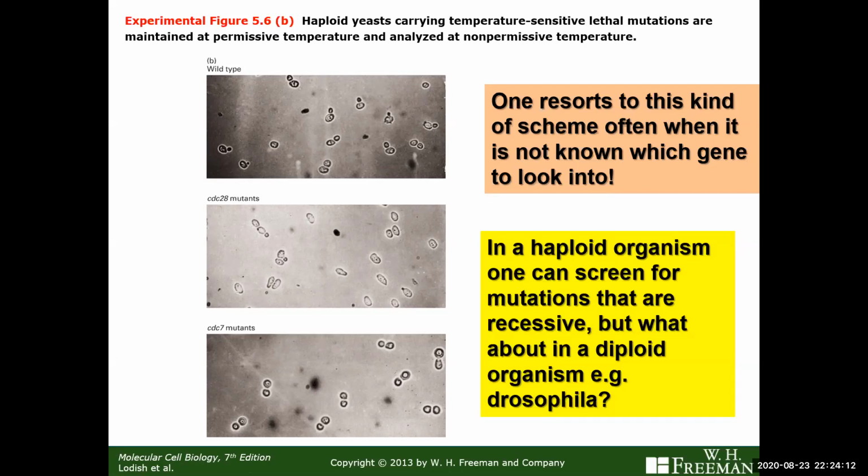So this is how you can identify genes that are involved in specific aspects of a process. Here it is cell division. You can do it for any metabolic pathway. You can do it for secretion.